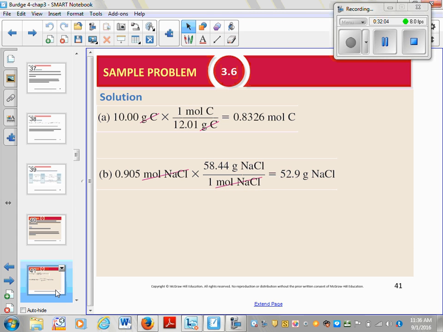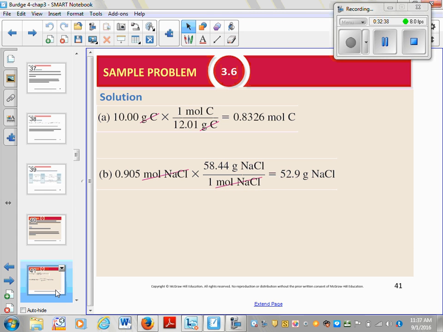Now, what I always said when you do your calculations, look at your answer to see if it makes sense. So we know the molar mass of carbon for A is 12.01, we know it's 12 grams per mole, and we're starting with 10. So our answer should be more or less than 1? Less. 10 is less than 12, so we don't have a complete mole, we should have some part of a mole.